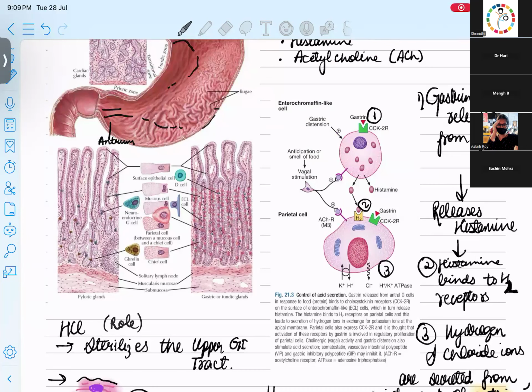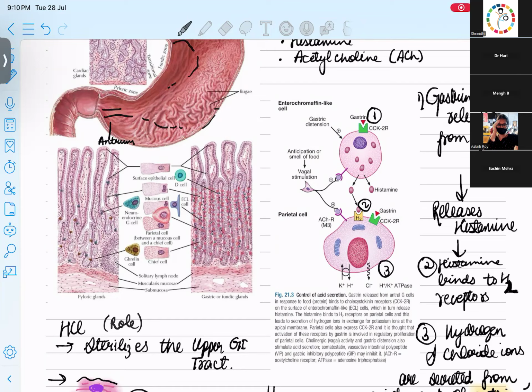So, starting with how acid HCl gets produced in the lumen of the stomach. We have enterochromaffin-like cells, जिसमें antral G cells गैस्ट्रिन रिलीज करते हैं एंड एंट्रोक्रोमैफिन सेल्स हैव CCK2R receptor for gastrin, जिससे the molecules get attached. Of course, there is anticipation and also the smell of food, the taste, or even the thought of food, which stimulates vagal stimulation, which has its own role.